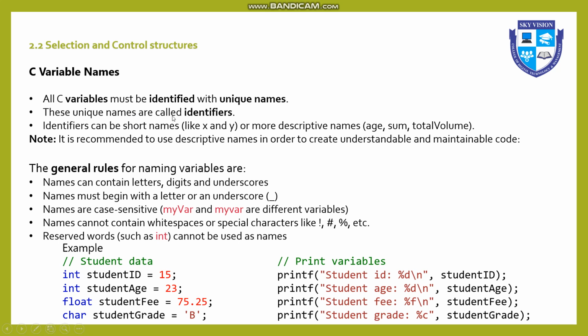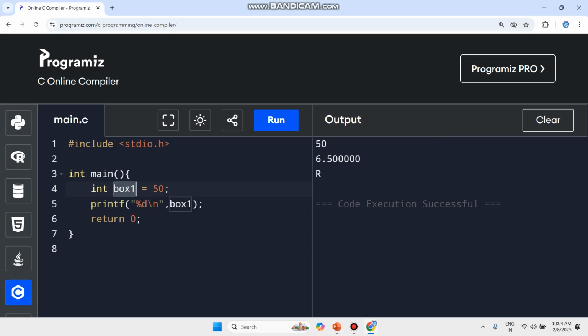Okay. After that, you can see what is next. These unique names are called identifiers. Identifiers can be short names like x, y, z, anything, meaning one letter, or more descriptive names like age, sum, total values. Right now this is more descriptive, box 1, isn't it? Or else you can write also a, b, meaning like only a normal single word, and it will print.